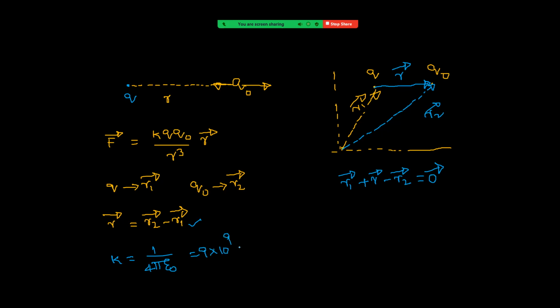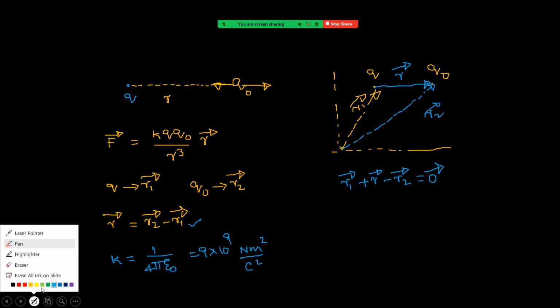And you can guess the units of K. This is a force, Newton, R cube, and this is R, so this is R square. So what I can do here, Newton meter square, Coulomb into Coulomb, right? Coulomb square. That is the value of K in the SI system, right?